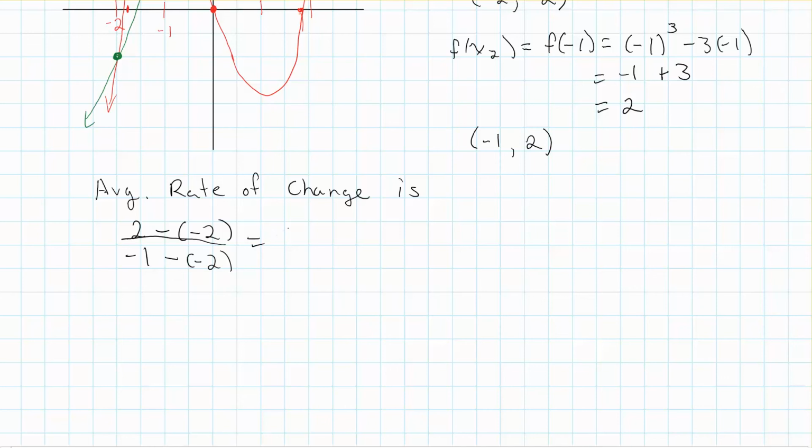So this would be 2 plus 2 over -1 plus 2, which is 4 over 1, which is simply just 4.